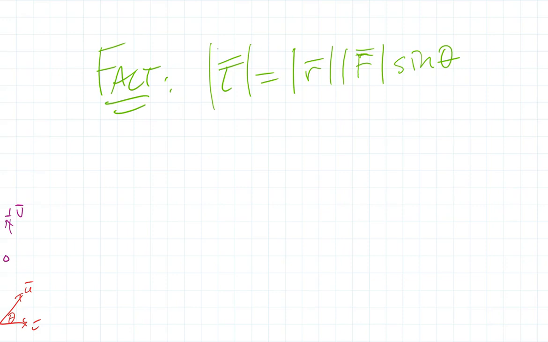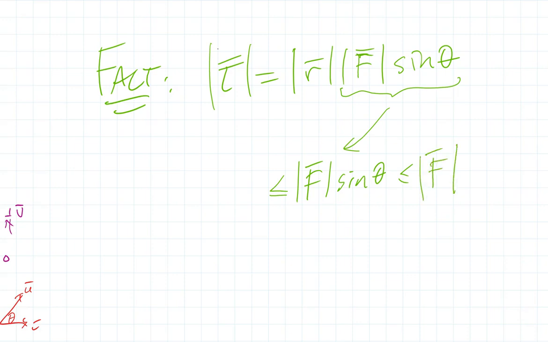Okay, so if I take F and I multiply times the sine of theta, the minimum this can be is, well, let's say it's between two numbers, right? It's between F, the magnitude of F, which is when theta is 90 degrees.